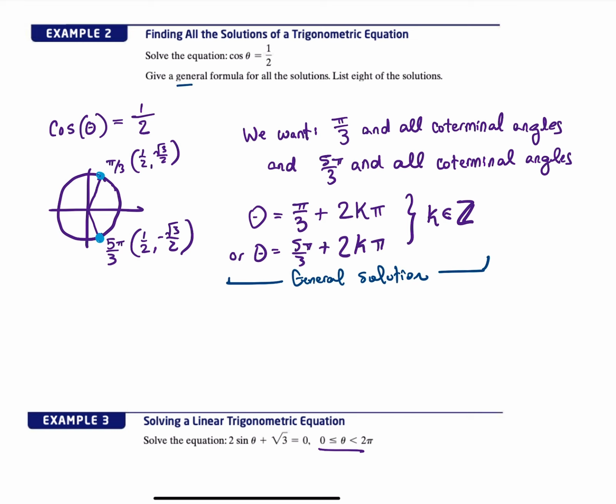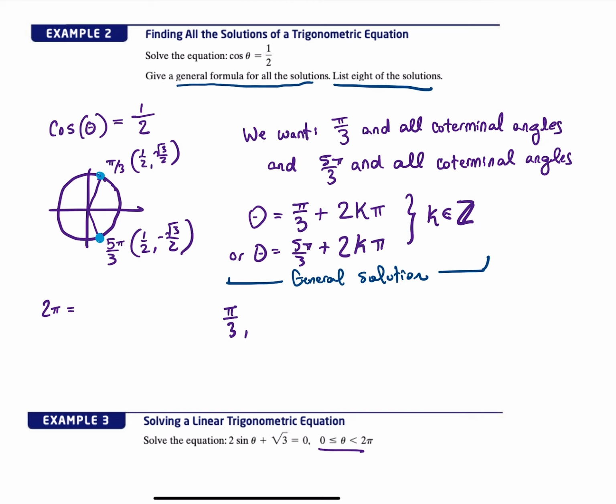So they ask for the general formula for all solutions, and then it wants 8 of these solutions. So some particular solutions. Well, we can get those by starting off, let's get 4 and 4 from each of these. We can start off with our original angle, pi over 3. The next one would be a distance of 2 pi away from this. So I just want to add some multiple of 2 pi. Well, 2 pi, let's get a common denominator here.